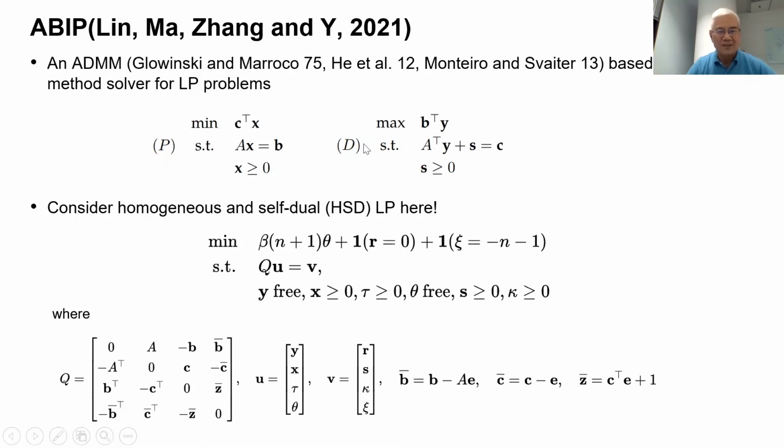What we did is we still use the interior point method and consider the homogeneous self-dual LP model, because we want our algorithm to detect infeasibility. So we formulate this as a convex optimization problem with two block structures. U is the y, x, tau part, and V is the slack variables. With these two block variables, we basically apply the ADMM method.